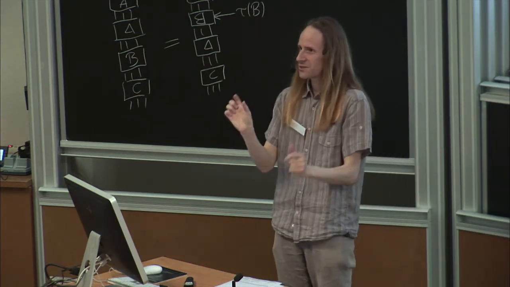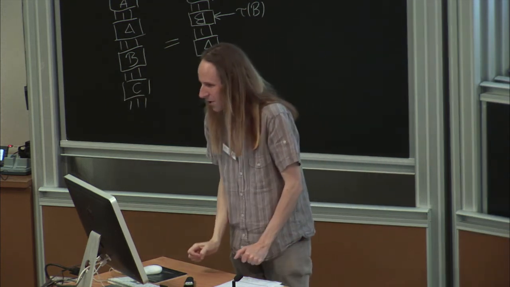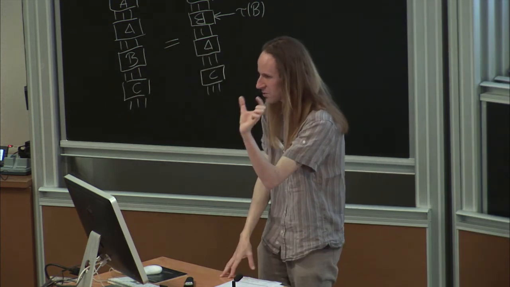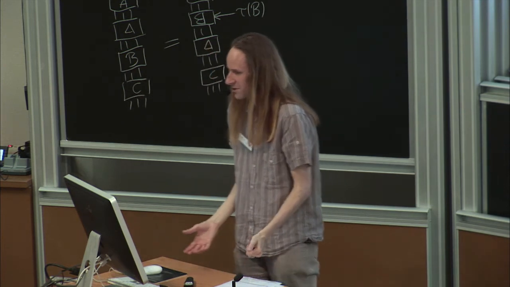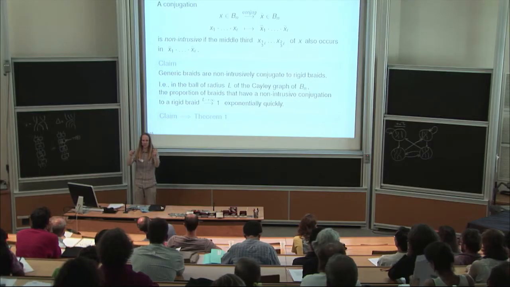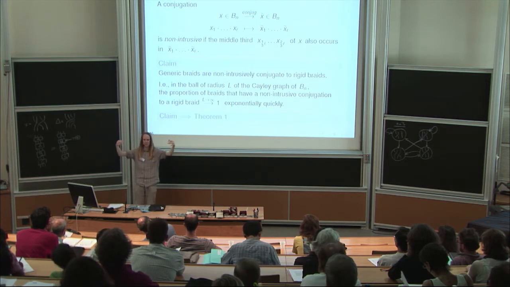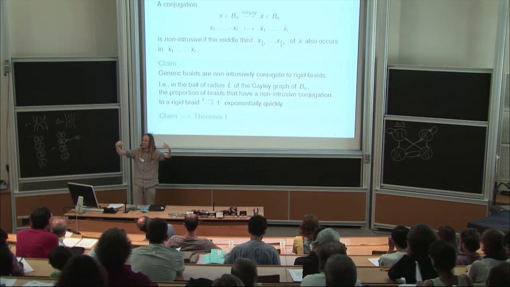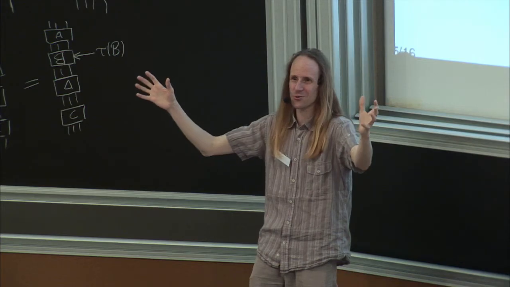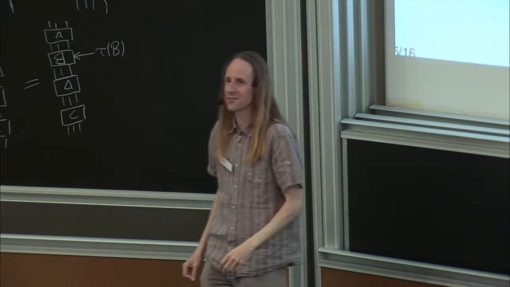But some part of the center of that original word must survive, literally. So what's a conjugation? Well, you take your braid x, you multiply it on the left by y inverse, on the right by y. And we say it is non-intrusive if that only changes the conjugated braid near the two ends and doesn't really touch the middle.